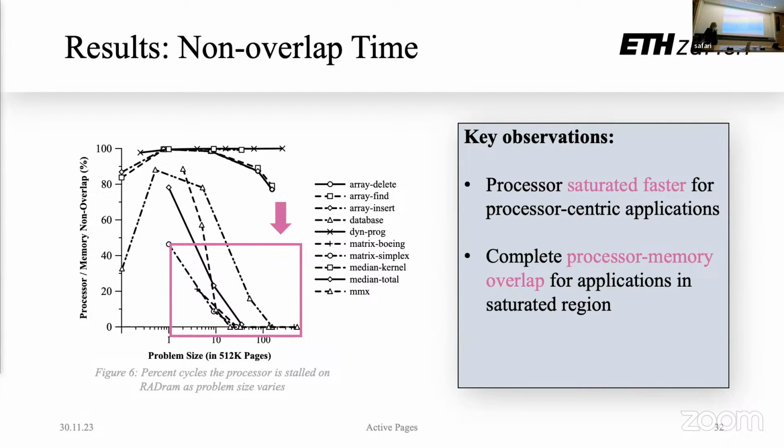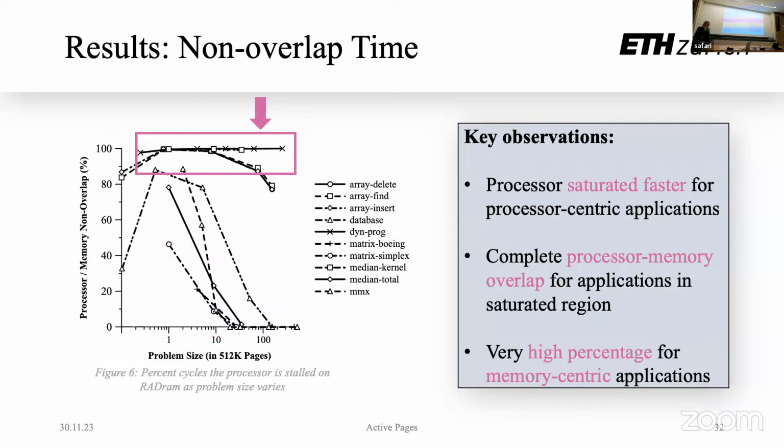The second observation is that all of the four applications that reach the saturated region of speedup also reach a point of complete processor memory overlap. And lastly, applications like dynamic programming, which are largely memory-centric, continue to have relatively high percentages as data size grows.